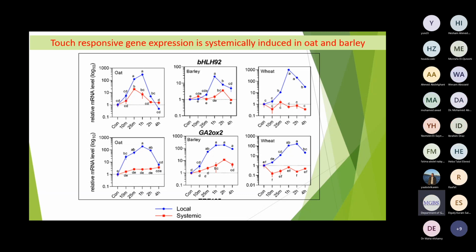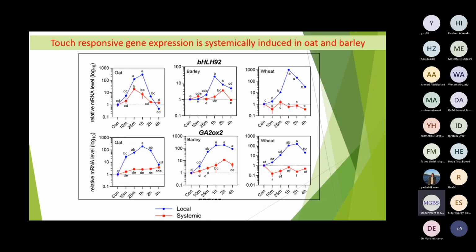The conclusion here is that in barley and wheat, the expression remains after 4 hours, and is still significant in comparison to 0 minutes. But for oat, the maximum increase happened after 25 minutes. And the red line shows the expression in the systemic leaves.